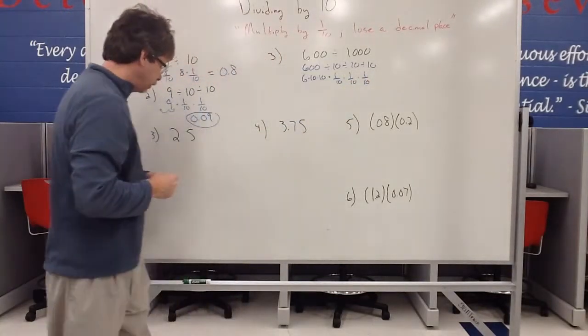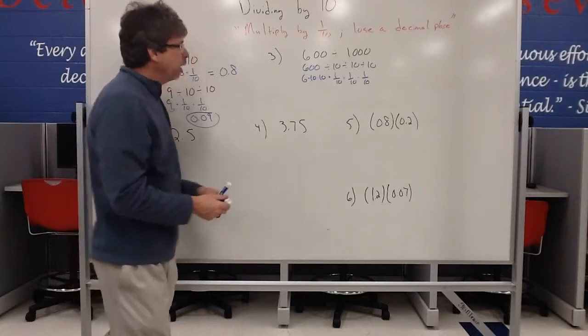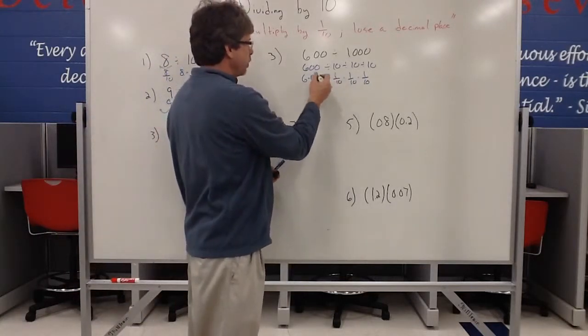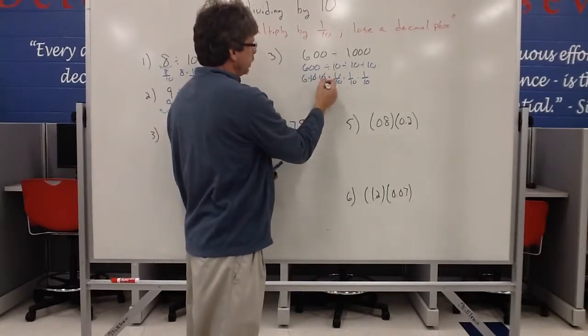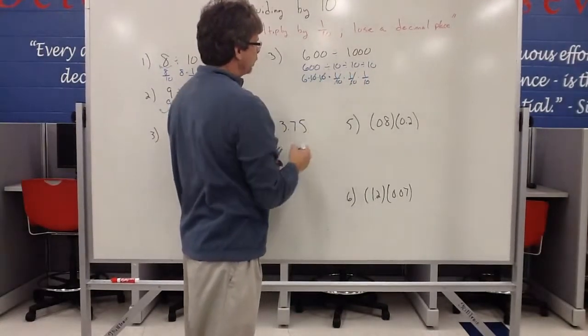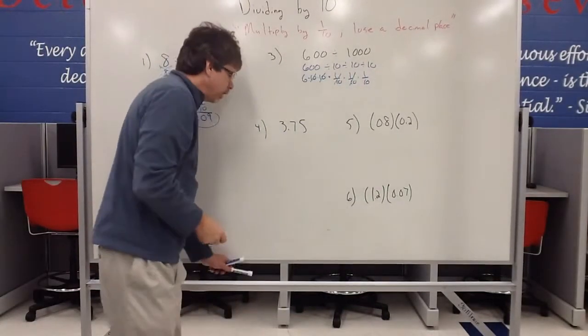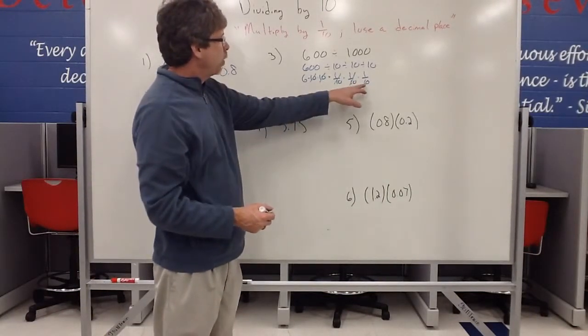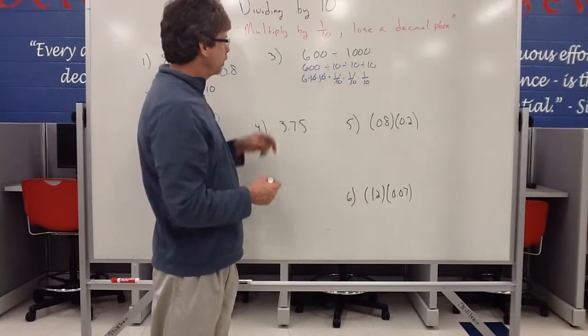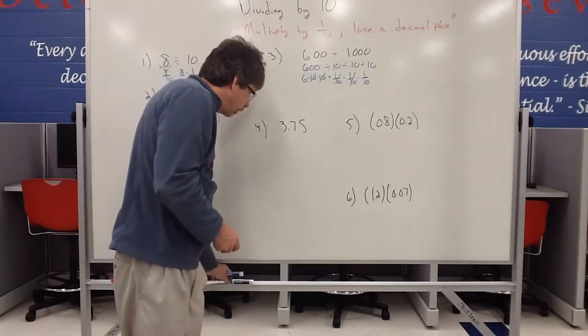What we learned in math is multiplying by 10 and dividing by 10 are inverse operations, so that 10 really just eliminates that multiplying by 1/10. This 10 here essentially eliminates multiplying by that 1/10. So all we really have left is 6 times 1/10. And multiplying by 1/10 kind of implies moving the decimal one place to the left.